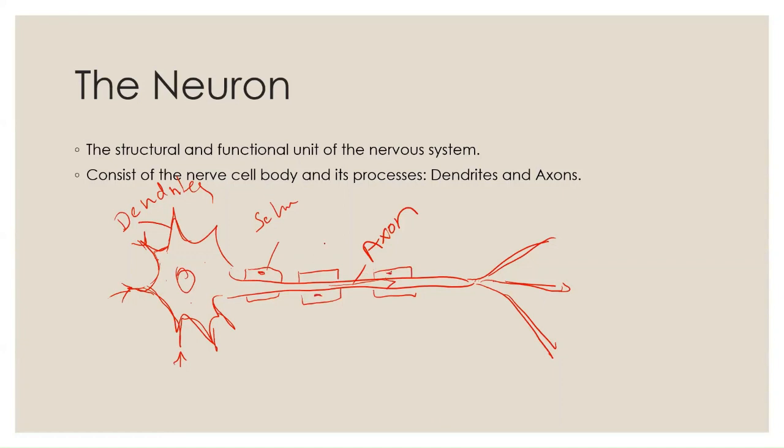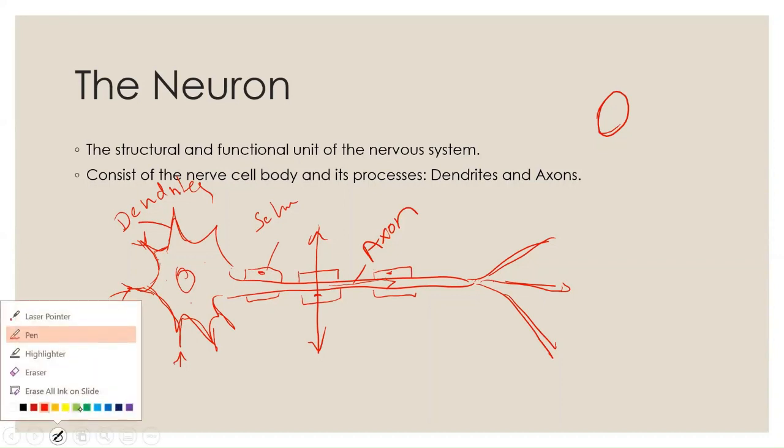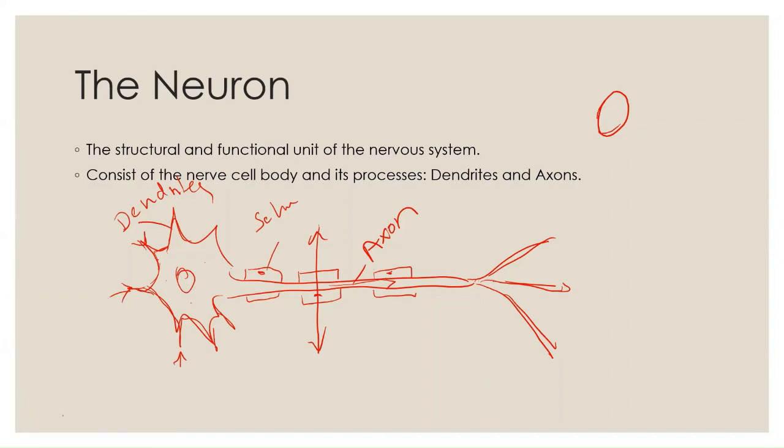So if you look at a cross section like this, and if this is the axon, the Schwann cells are wrapped around it. Like this. The Schwann cells are wrapped around. We have a nucleus here.